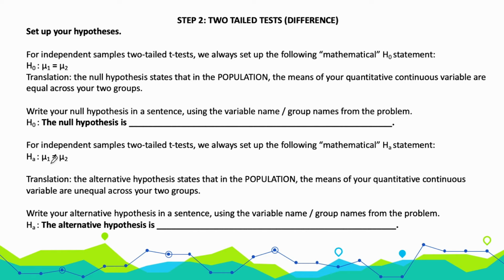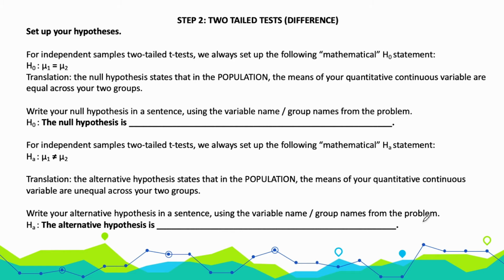It doesn't matter. We're just proving that there is a difference between the two groups. So we can't say which one statistically has a higher or lower mean than the other. The alternative hypothesis translation states that in the population, the means of your quantitative continuous variable are unequal across your two groups. Unequal is the same thing as saying different.